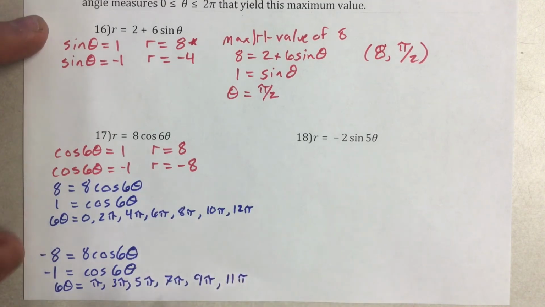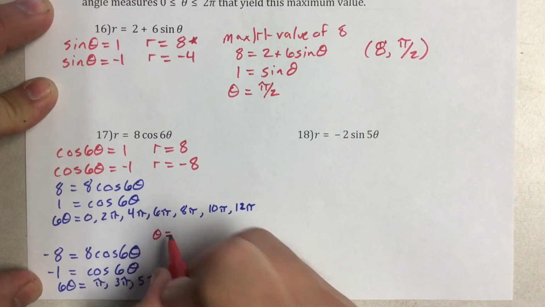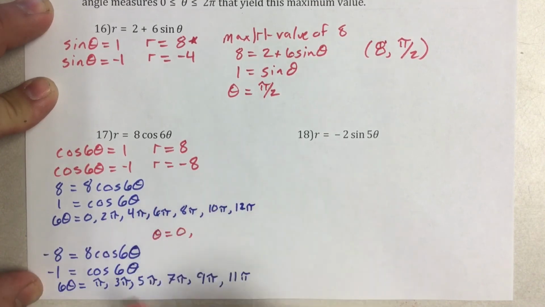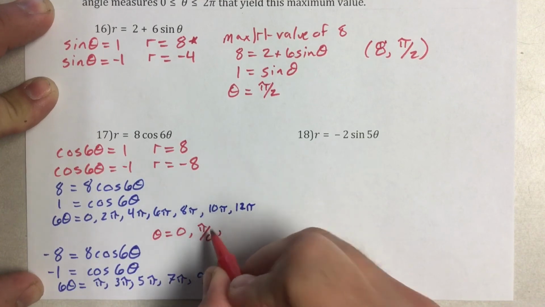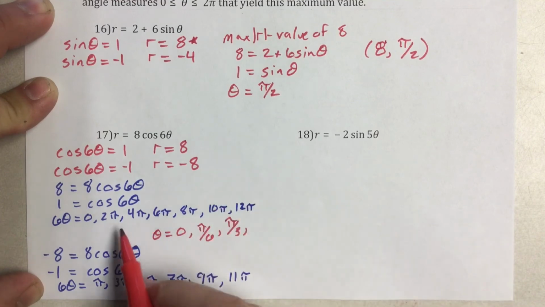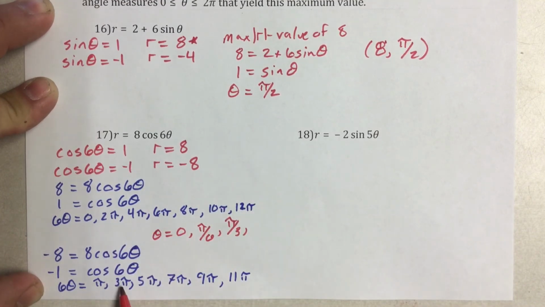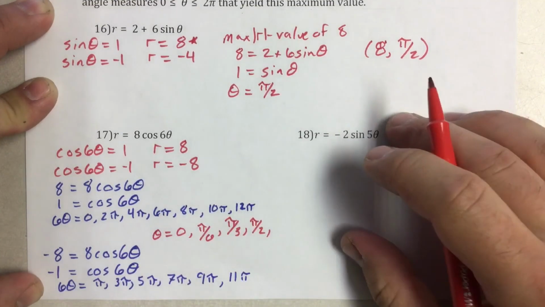the lists of, I don't put the lists all together, okay? So we get theta will equal 0, okay? Pi over 6 from down below. 2 over 6, so it's pi over 3. Okay, we get pi over 2 from down below. I'm doing both lists at the same time.